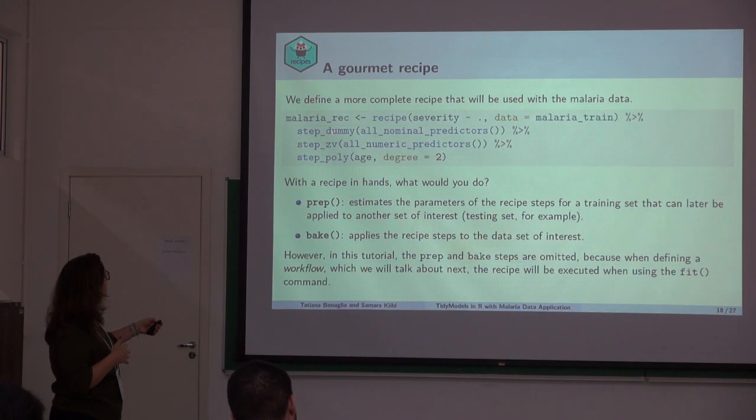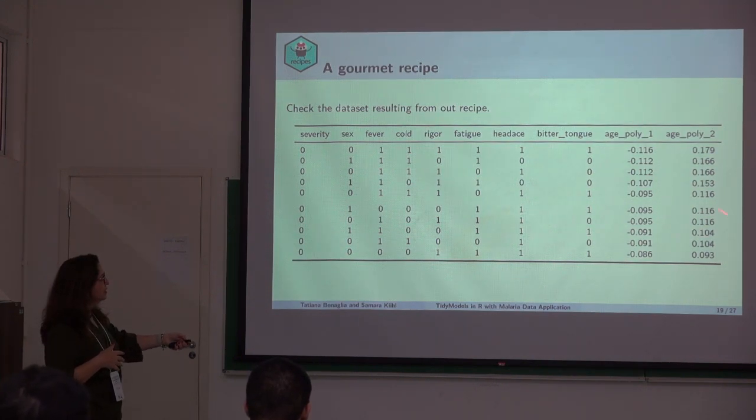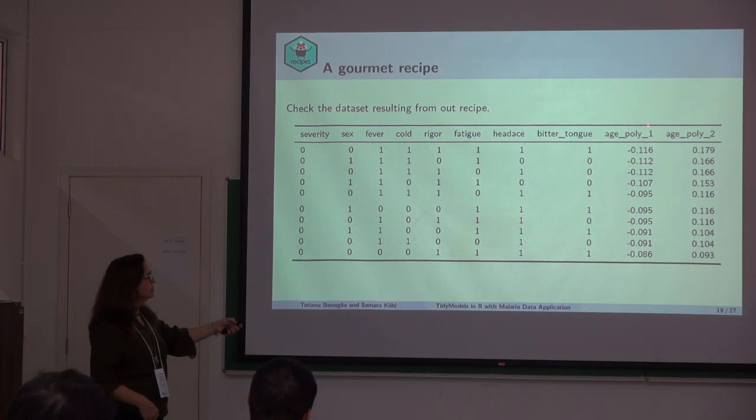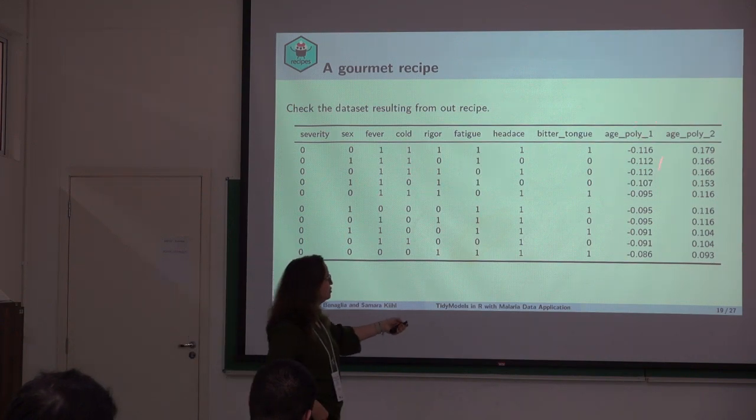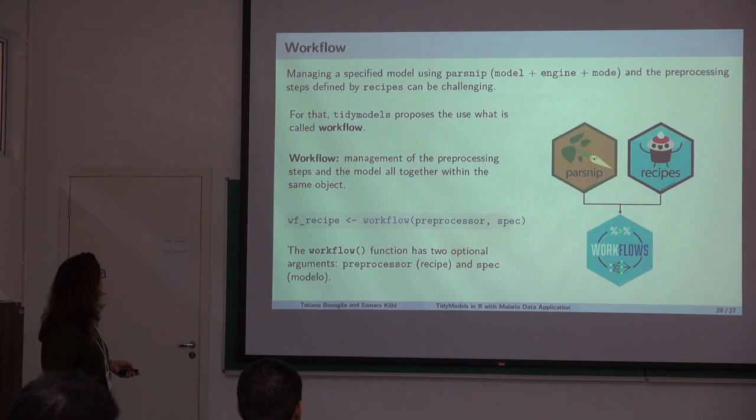So see, if I do this on my data set, for the training data, that's what I get, okay? And I showed the last 2 because it creates the age, the first degree polynomial, and then the second degree, okay? And then everything else is just zeros and ones. And then let's go to workflow.